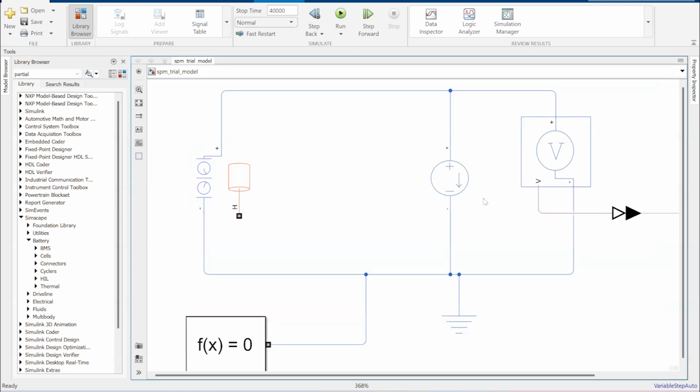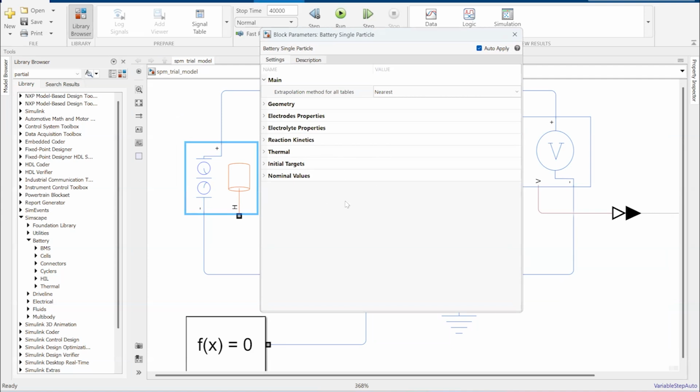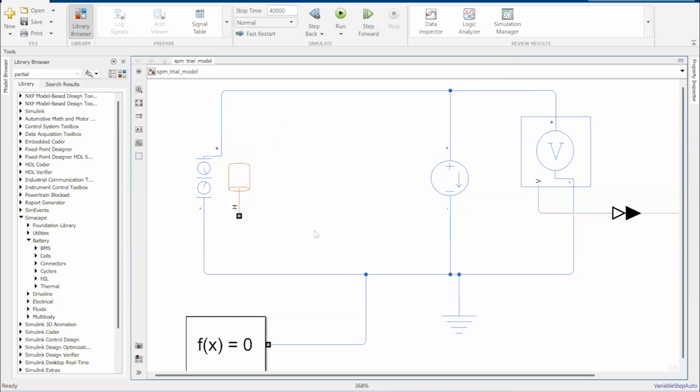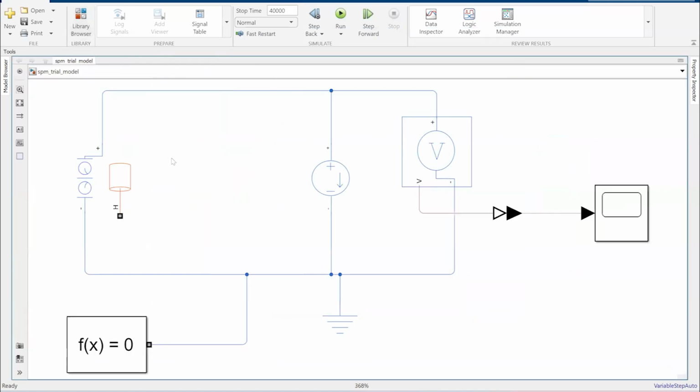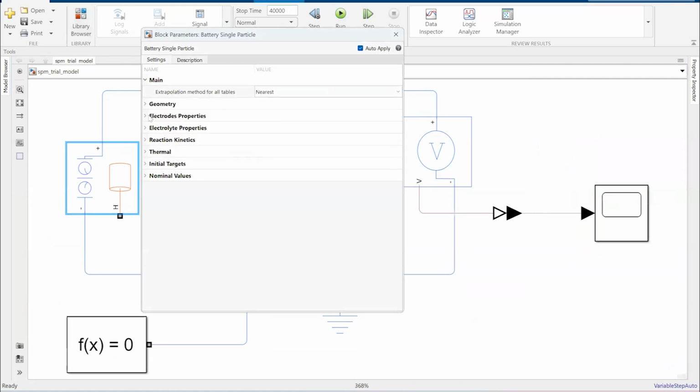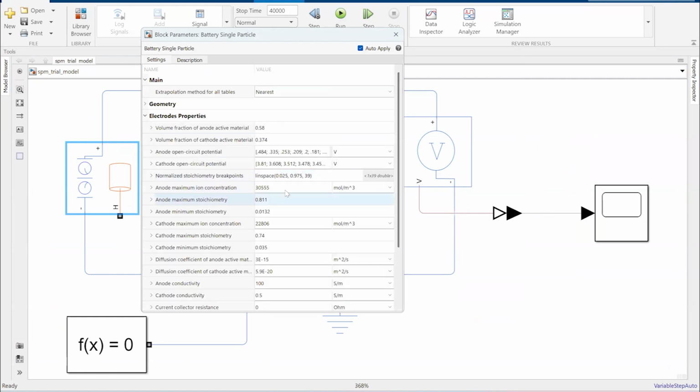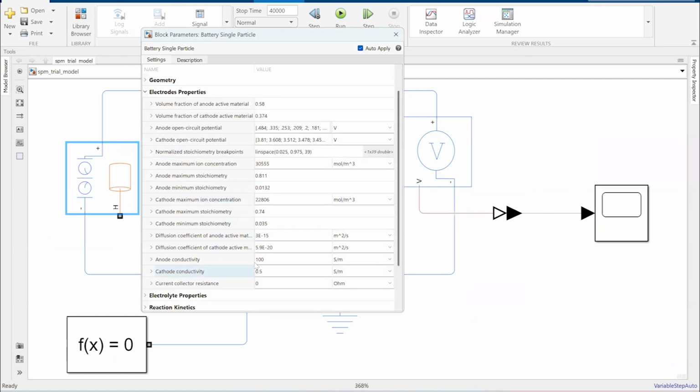One thing is that right now, by default, this particular model is configured for a very small amount of current. As in to say, the C rate in terms of charging or discharging is not very high. It does not allow for very smooth simulation for high currents. If you want to change that, then you have to change the electrode and electrolyte properties, namely your ion concentration, stoichiometries, and diffusion coefficients.